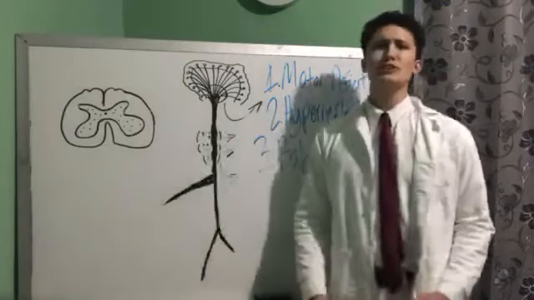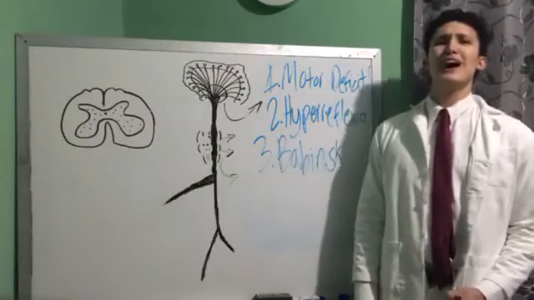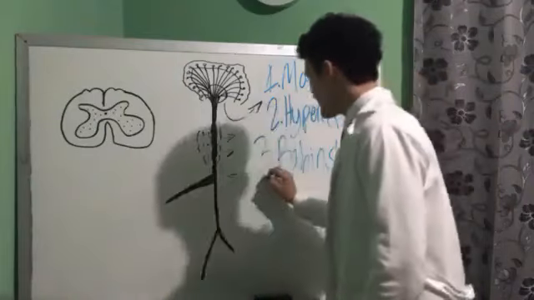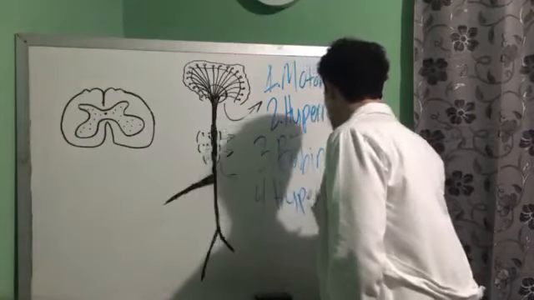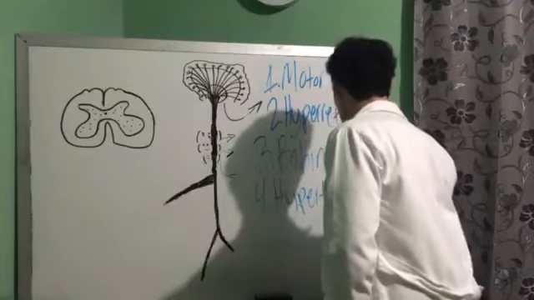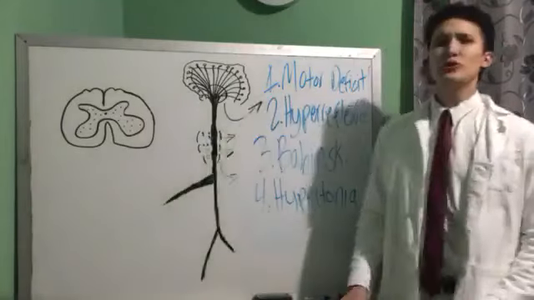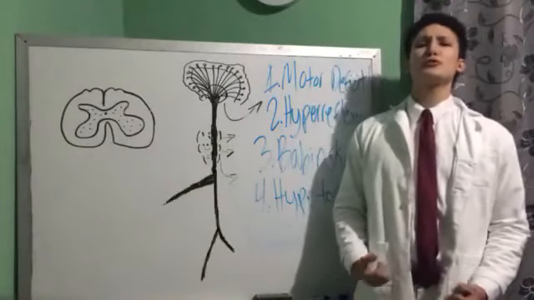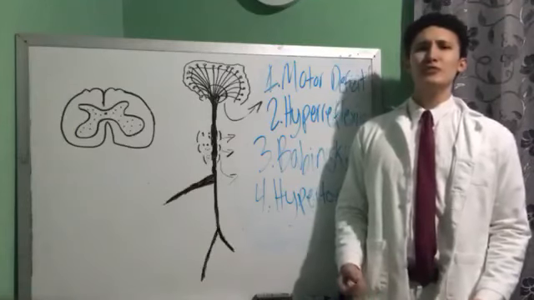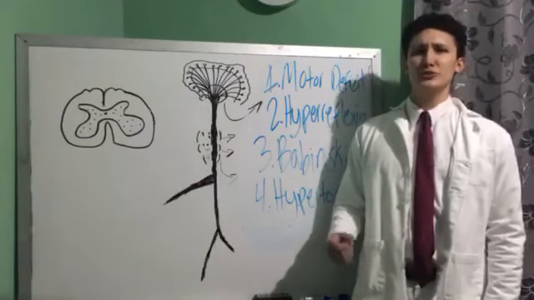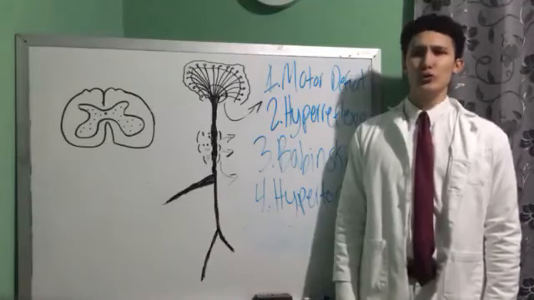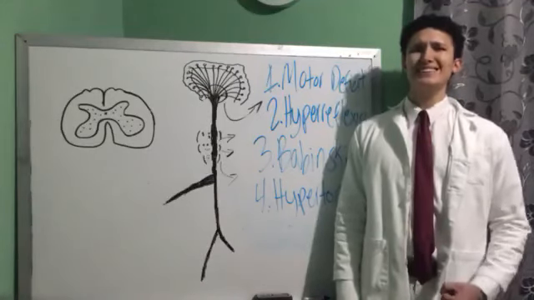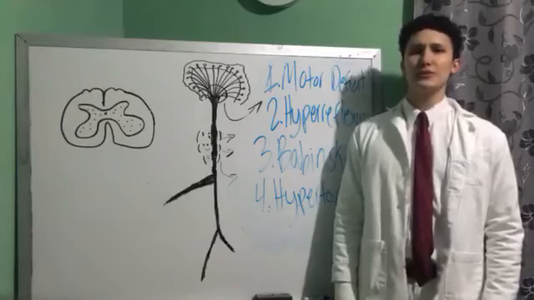Now, the fourth clinical manifestation is going to be hypertonia. Now, hypertonia is basically an increased muscle tone. Now, same as with the reflexes, in acute injuries during the first few hours, we are going to have hypotonia, which means a decreased muscle tone, okay?